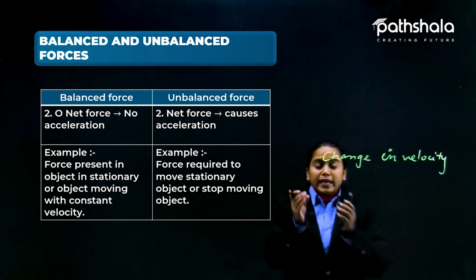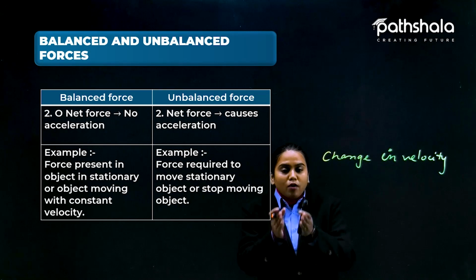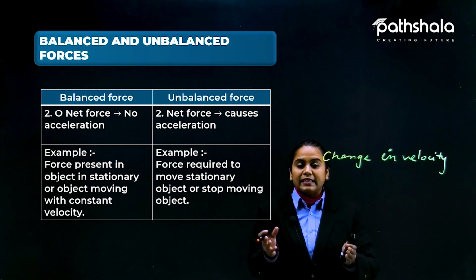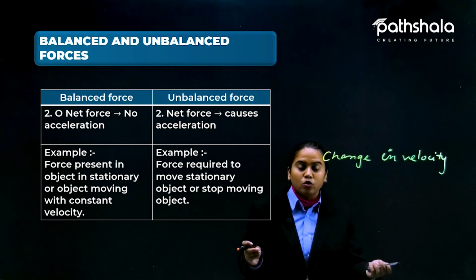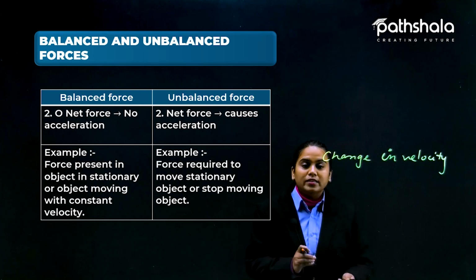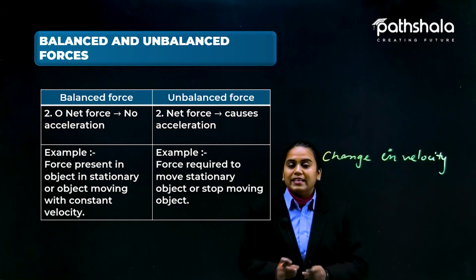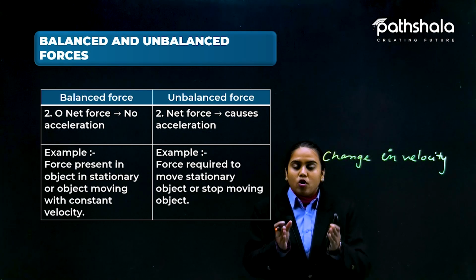Keeping a body which is at rest, if the position of the body is changing with a certain velocity, then we can say that acceleration is occurring, because it is moving from 0 to a certain value. But in case of balanced force, there is no change in the body, it is still.